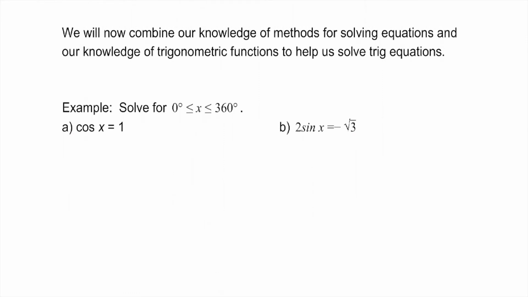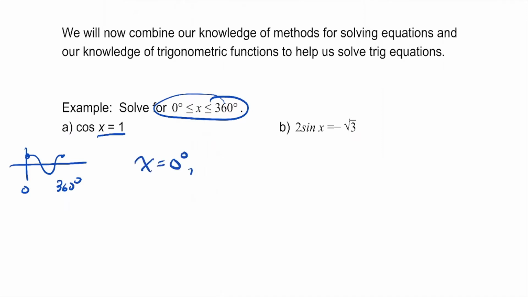Here we're given cos of x is 1. We know that that's going to be a peak. If I draw the cosine graph here, we notice that the peak happens at both 0 degrees and 360. So this one actually has two answers because we want to answer for x between 0 and 360 inclusive. So x is going to be 0 degrees or 360 degrees.